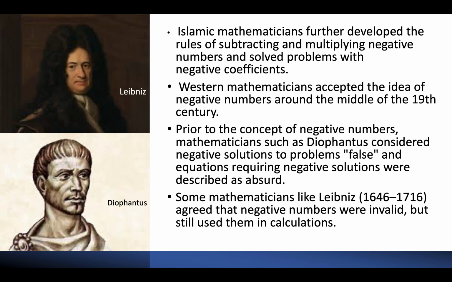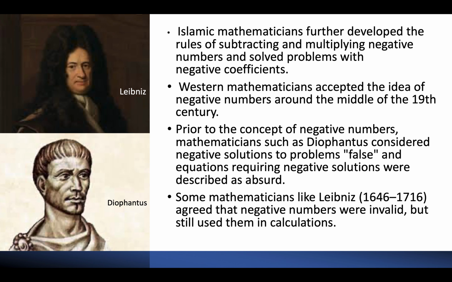Prior to the concept of negative numbers, mathematicians such as Diophantus considered negative solutions to problems false, and equations requiring negative solutions were described as absurd.